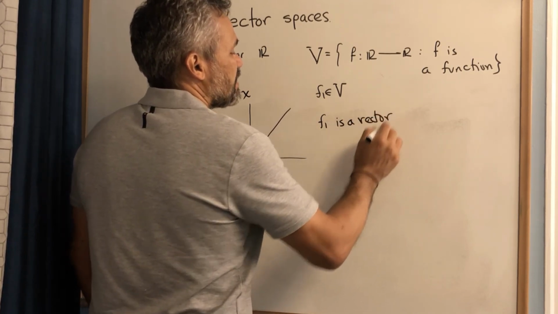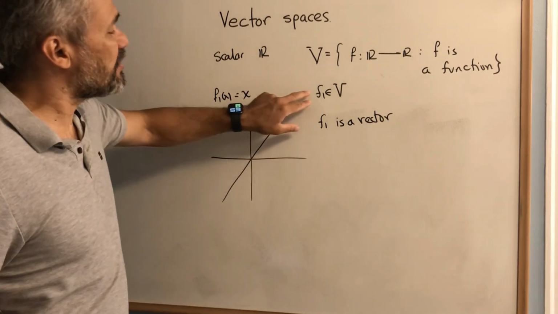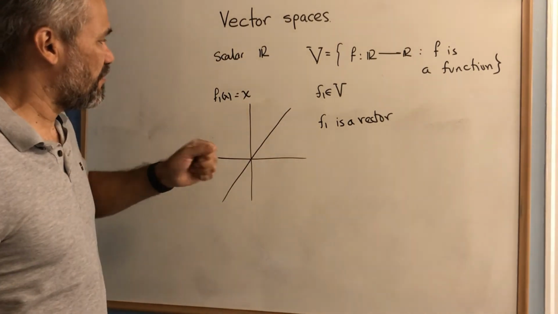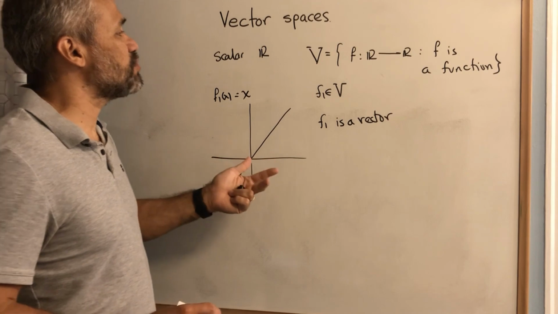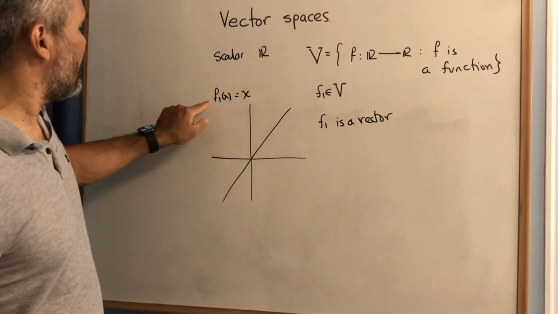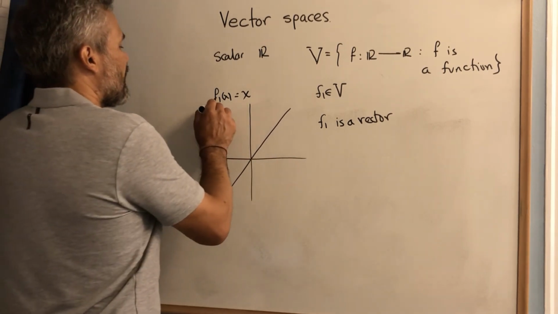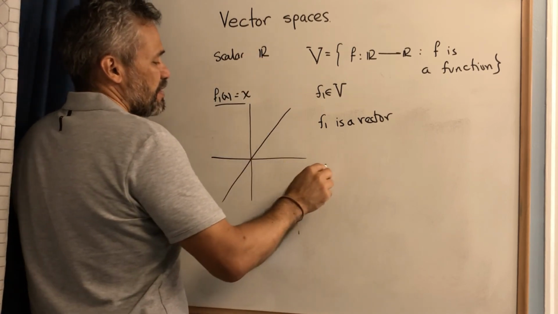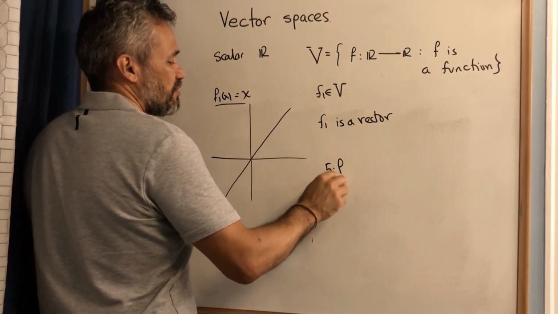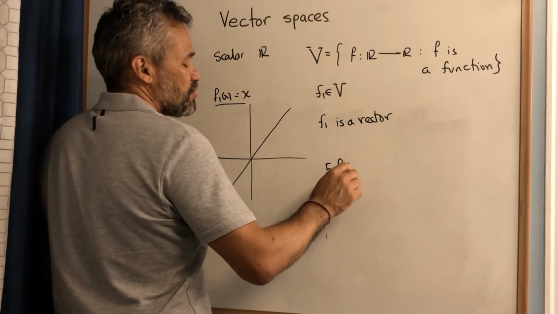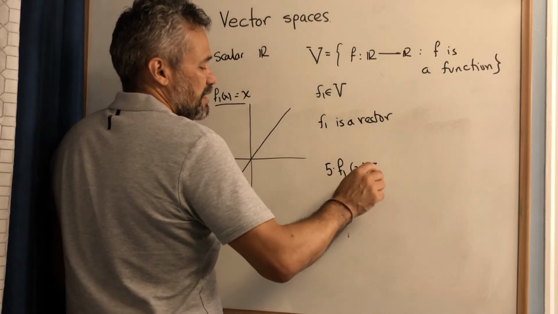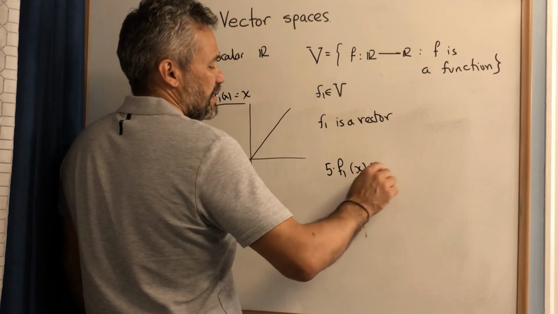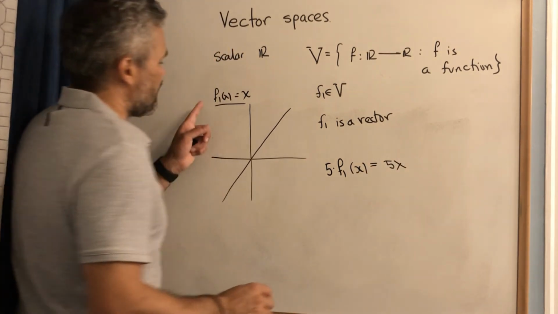Then, as I said before, sometimes vectors don't look like the regular vectors that we are used to. Notice that if we have a function and we pick a scalar, let's suppose that we pick the number 5, then 5 times this vector would be the function that takes x into 5 times x, right?